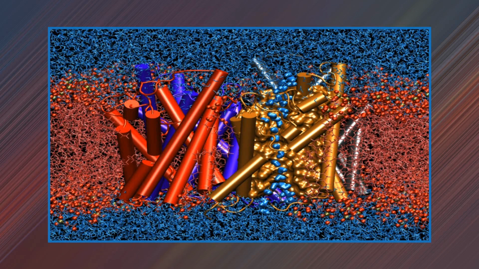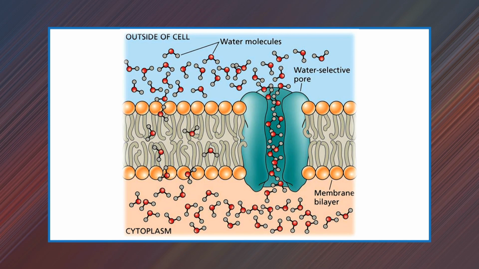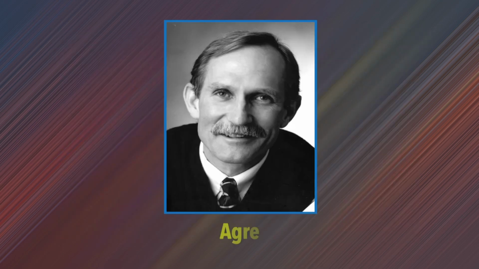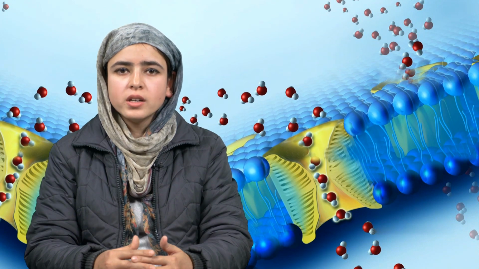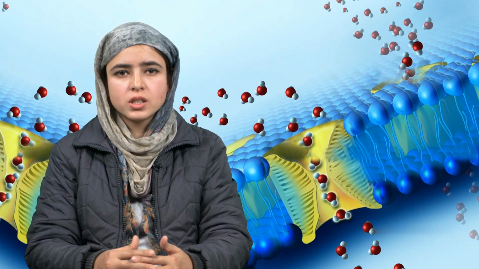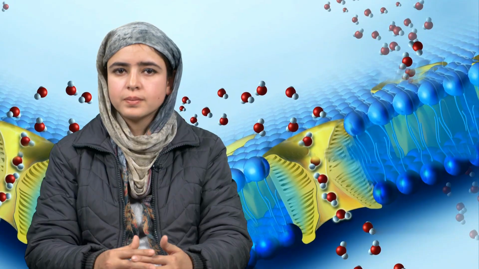Further studies using supercomputer simulations identified the pathway of water movement through the channel, which demonstrated how a pore can allow water to pass without the passage of small solutes. Agre was awarded the Nobel Prize in Chemistry in 2003 for the pioneering research and subsequent discovery of water channels.